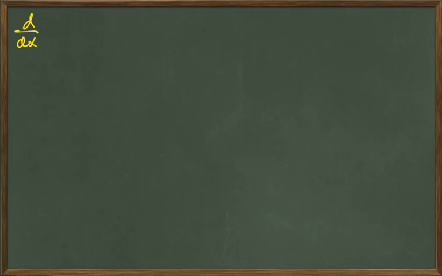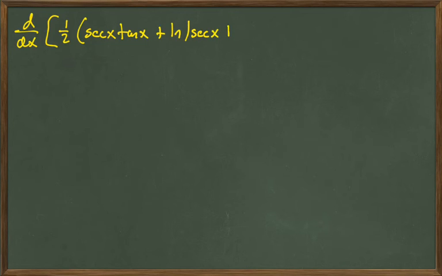So I want to take the derivative of 1/2 secant x tangent x plus the natural log of the absolute value of the secant x plus the tangent of x. Okay, and then plus c. No, we didn't put the plus c in there. It doesn't really matter, but we'll go ahead and put it in there because the derivative of that is going to be 0.